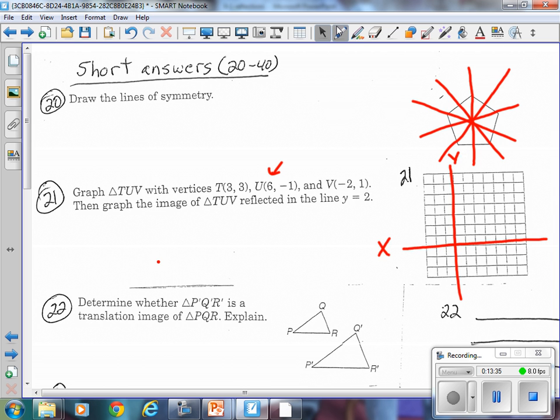Now when I go to graph it, (3, 3), over 3, up 3. That's T. (6, -1): 1, 2, 3, 4, 5, 6, down 1. That's U. And (-2, 1). That's V. Connect them.